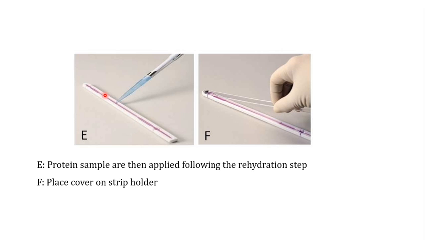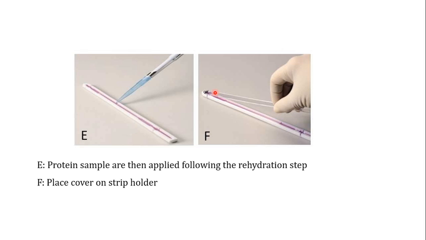Say for example, if you apply the protein sample entirely on this surface, and if this is the positive end, if a protein is negatively charged over here, it will start moving towards the positive end. And if it is positively charged, that protein will start moving towards the negative end until its isoelectric point is reached, and then it ceases to move in the IPG strip.